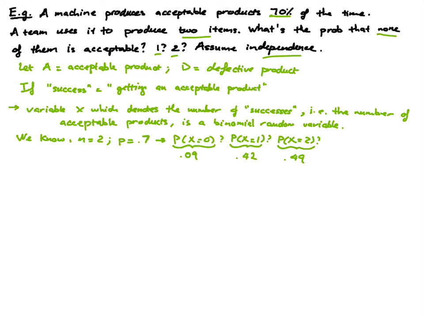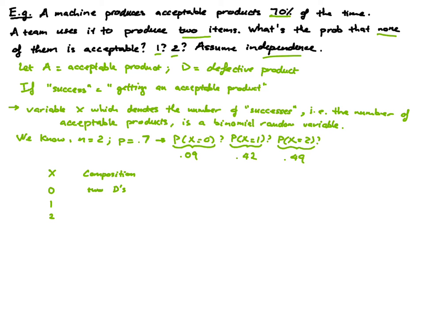Now let me go a step further. Let me put this information into a table. So I have a table with x, 0, 1, and 2, right? Let me have a column called composition. So when x is equal to 0, that means that we have no acceptable products, and that means we have two defective products, right? So here we have two D's.